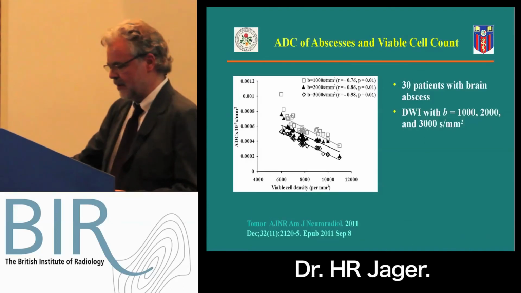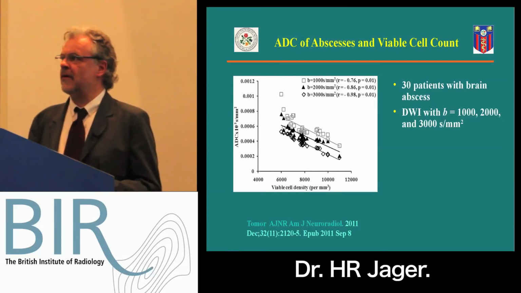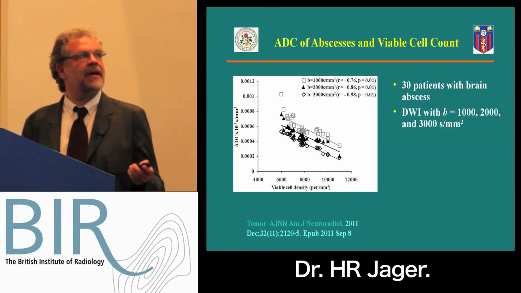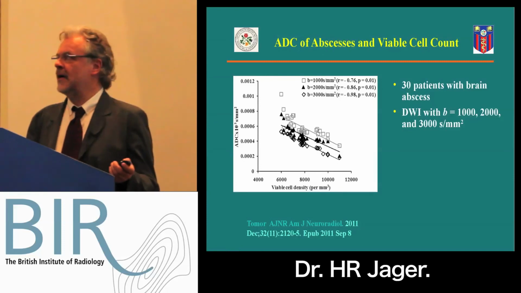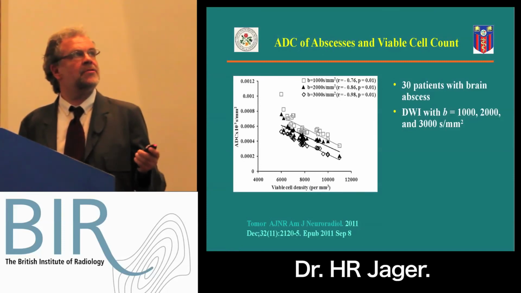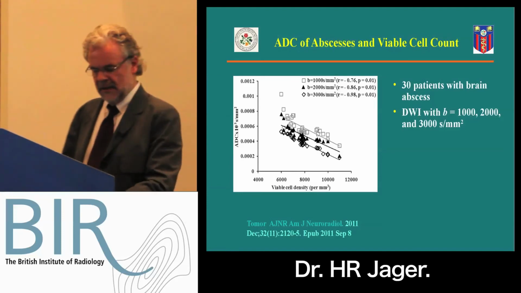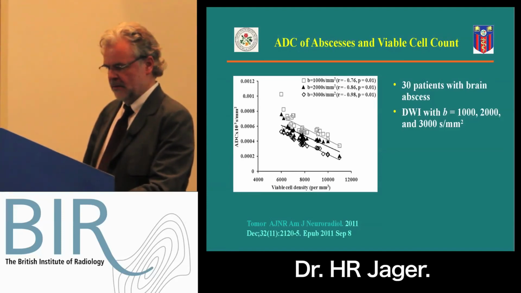Nice paper from India, who looked at the viable cell count of bacteria or infective agents in the cavity and correlated it with the mean ADC using different b-values, and they found that with a higher b-value there was a very good correlation between the viable cell density and the ADC restriction, but also very good correlations at more clinically used ADCs.